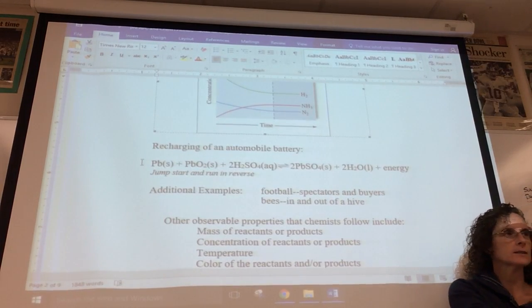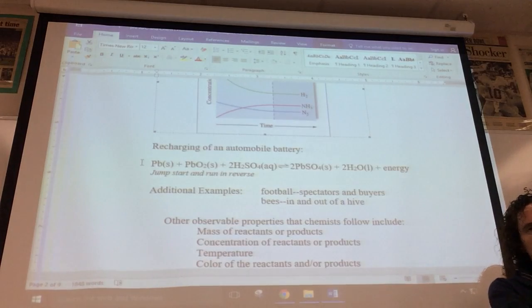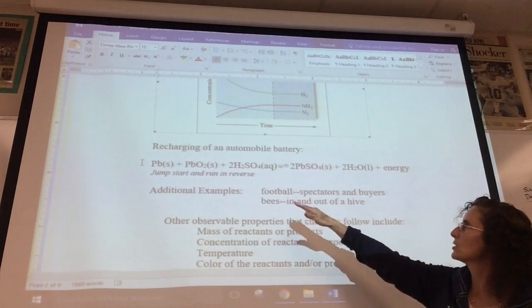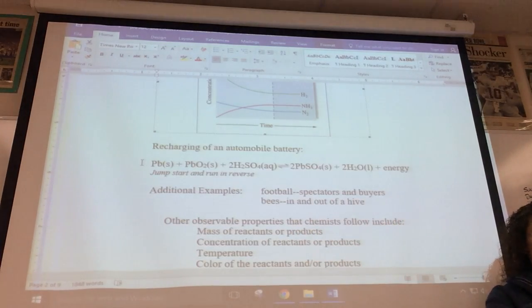Is this an endo or exothermic reaction? Exo, because energy is on the product side. So is delta H positive or negative? Negative. So the reaction typically runs in the forward direction when you turn your car over.